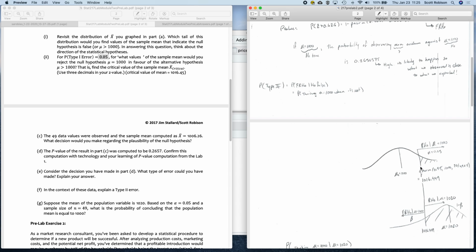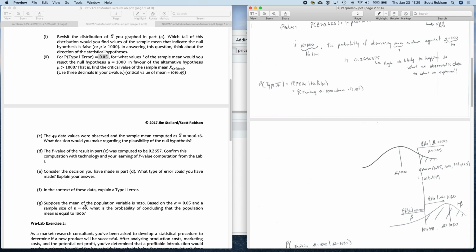So we've already defined when we would reject the null hypothesis if the middle was 1,000. And so we could draw a new curve saying, well, on this side of 1016.449, we would reject the null hypothesis. But what if the curve was actually centered at the value 1020?